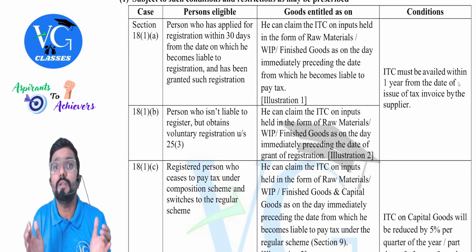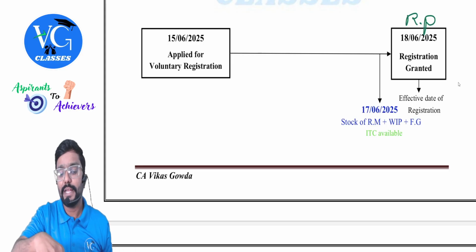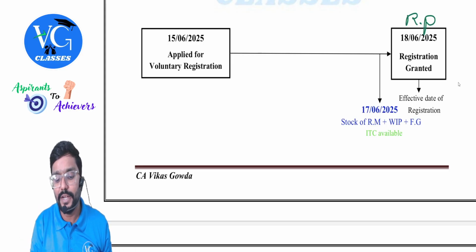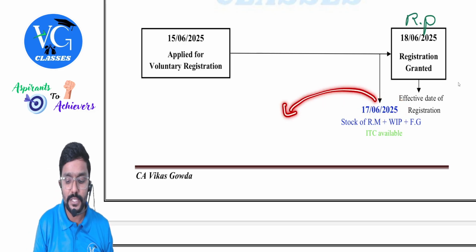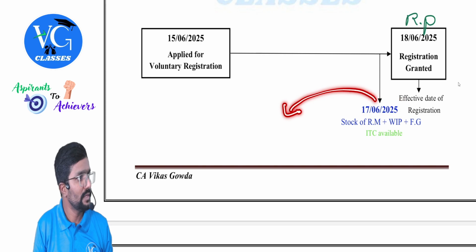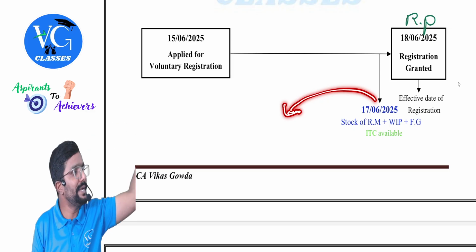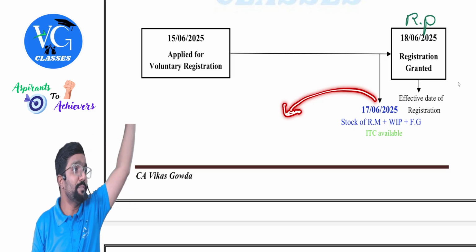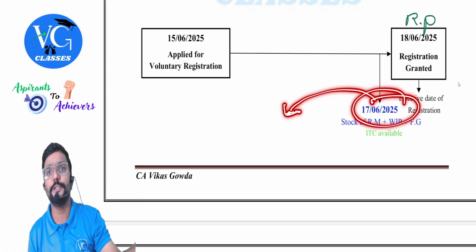It should be purchased within 1 year, guys. For example, assume here we are taking the stock as on what day? 17th June. Correct? It should be purchased within 1 year. Sir, what if it is 15 months old, 18 months old, 20 months old? I had purchased it 2 years back. It is still there in the stock on 17th June.